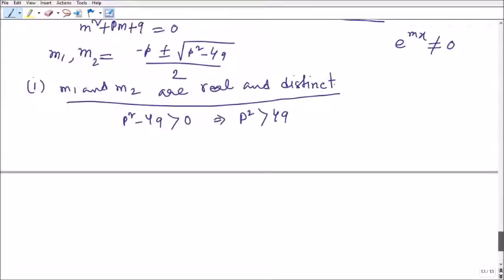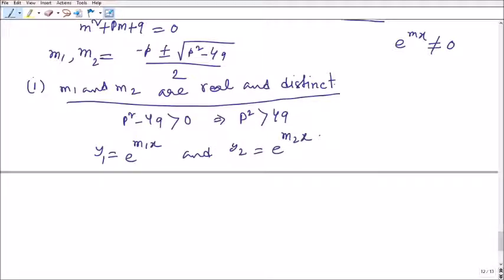So we can write the general solution of that homogeneous differential equation. The first solution is y1 equal to e to the power m1x, and y2 equal to e to the power m2x.